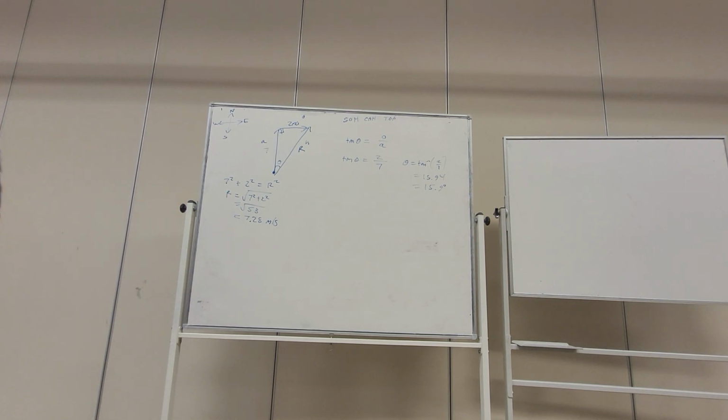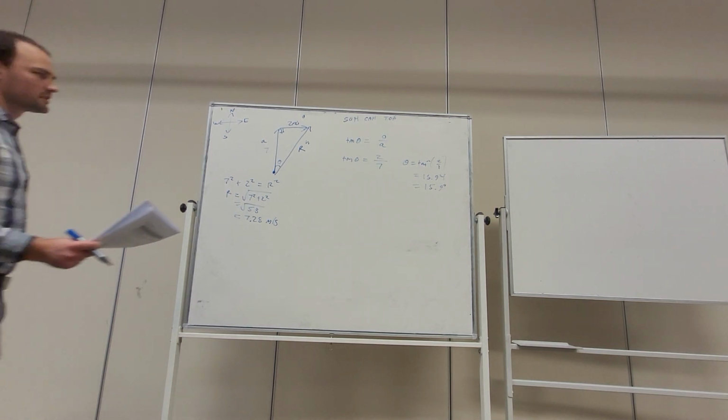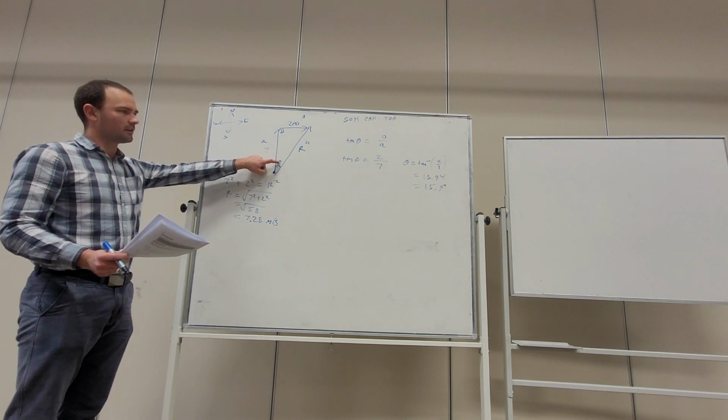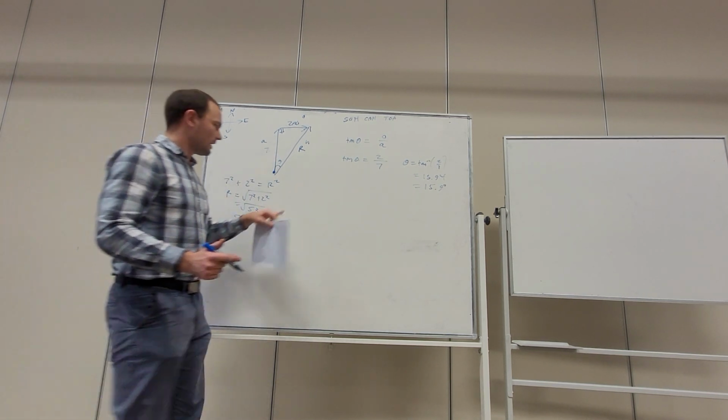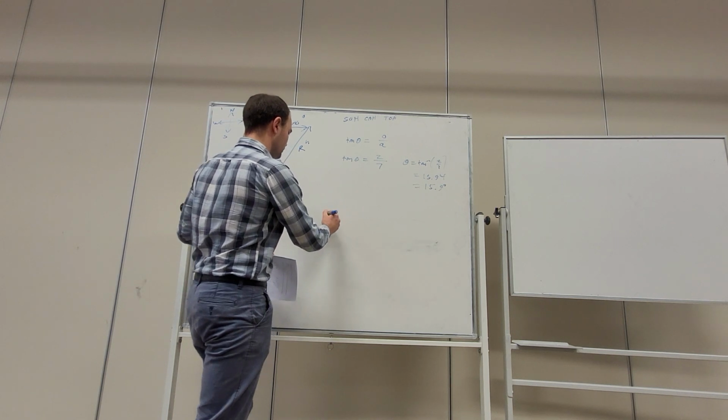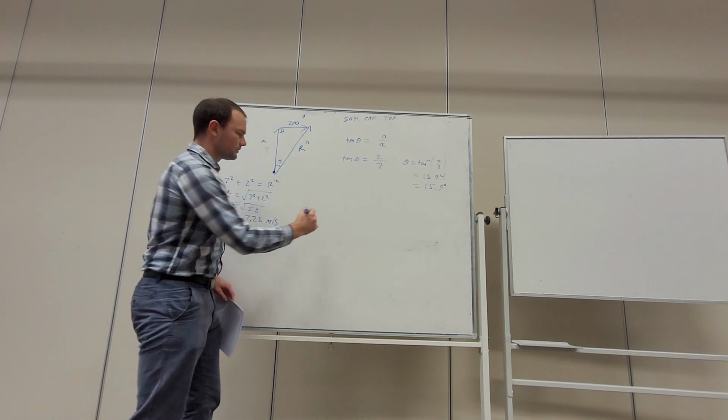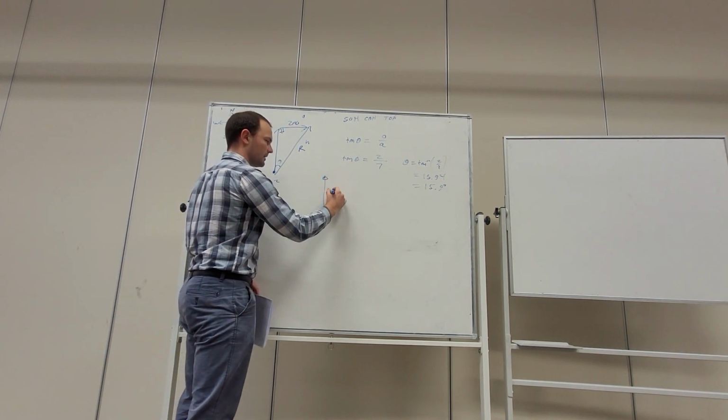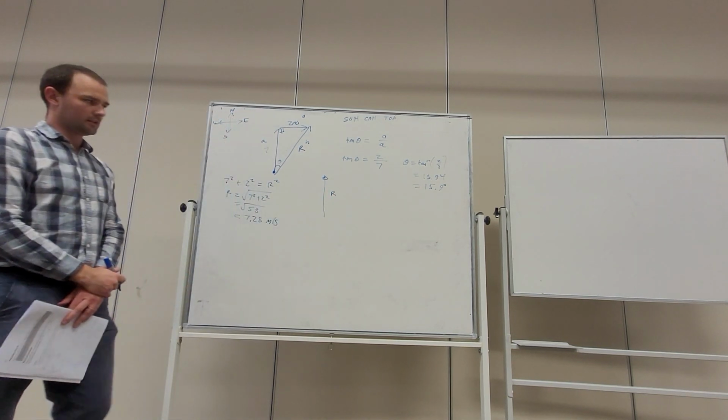Part B, what bearing will she need to maintain in order to move directly north? Fortunately for us, we've found this angle here, and let's draw a new diagram. This is what she wants to be her resultant velocity, directly north.